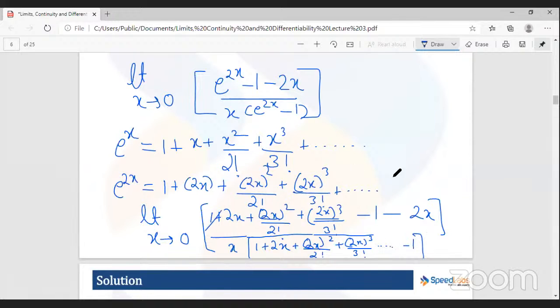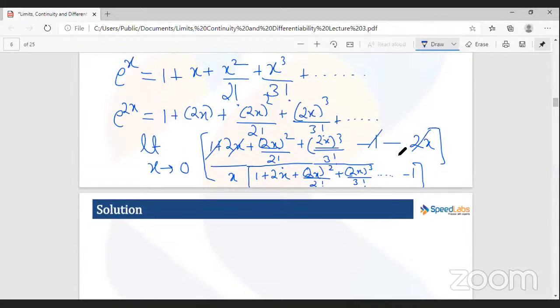So this 1 minus 1 is 0. 2x minus 2x gets cancelled. And here also 1 and 1 get cancelled.